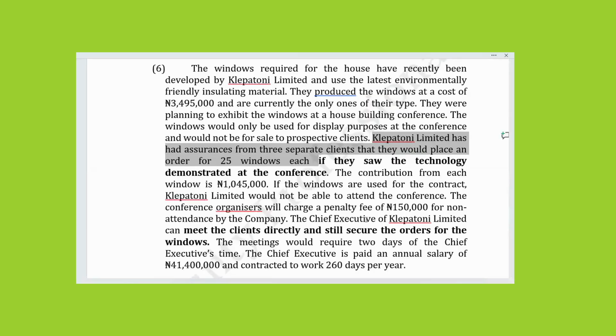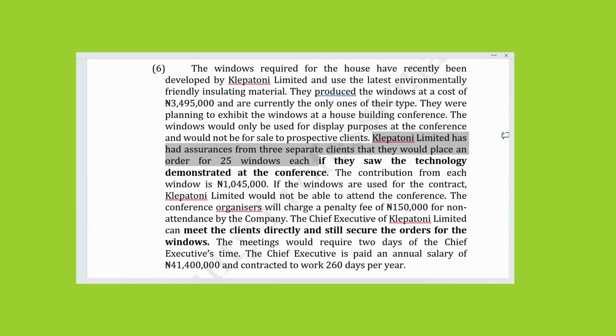Okay, so let's treat this information. You are told that if the windows that have been produced are displayed at the conference, then 3 different customers are willing to buy 25 windows each. That means 75 windows will be bought, and the company will earn a contribution of 1,045,000 per window.